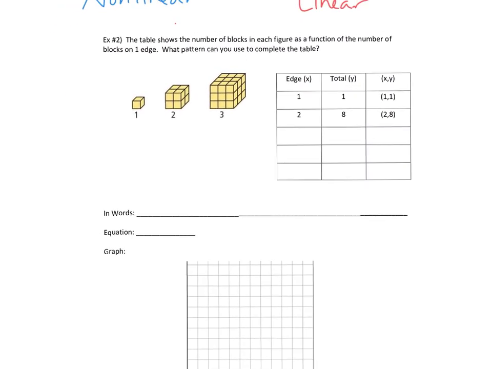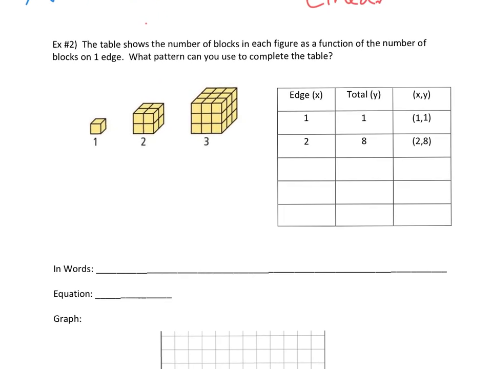And last one, really. This one you have to do a little extra work with because you have to fill out the chart. Okay, but it's very doable because you're going to see a pattern happening with this. So it says the table shows the number of blocks in each figure as a function of the number of blocks on one edge of the figure.